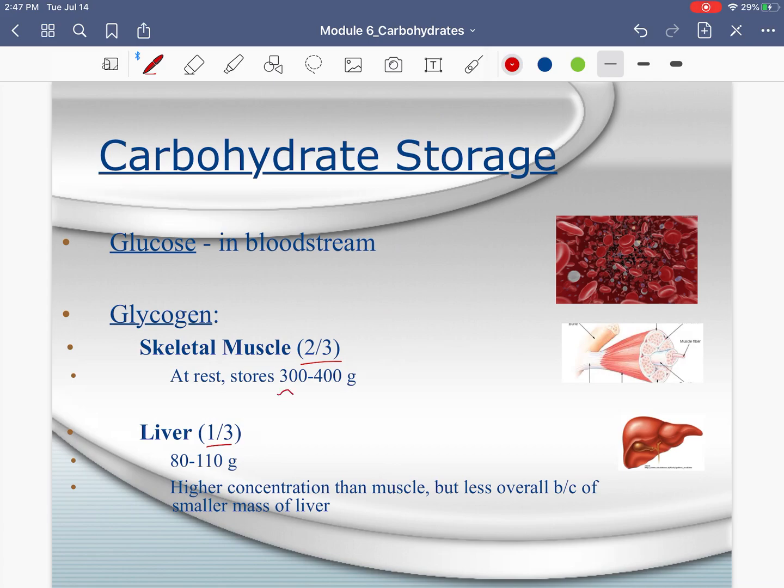You don't need to know these numbers, okay? But what I want to point out is we can store a lot of glycogen. That's phenomenal. We like that. We can store a lot of glycogen.